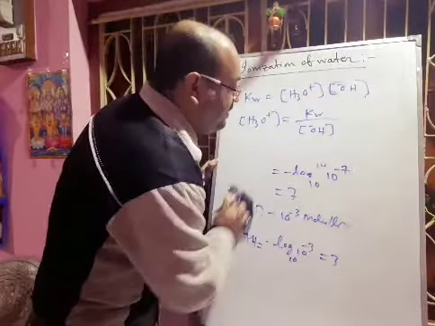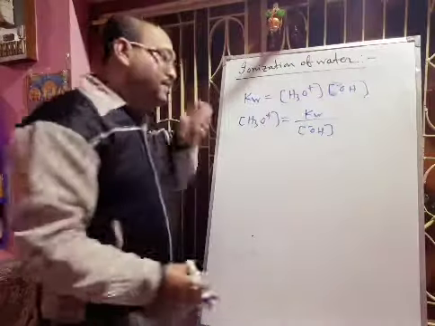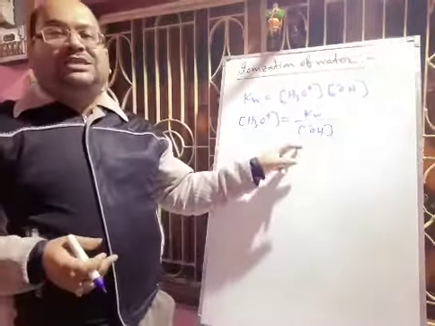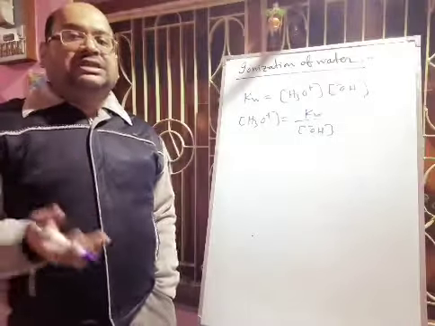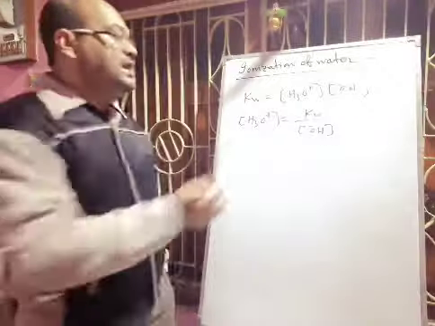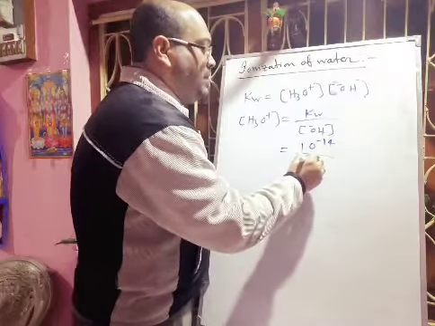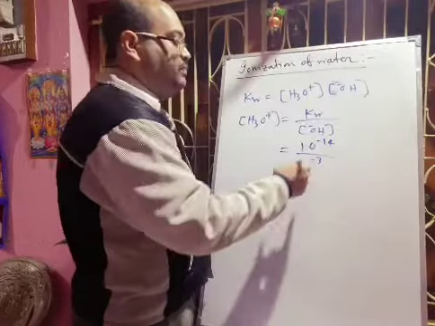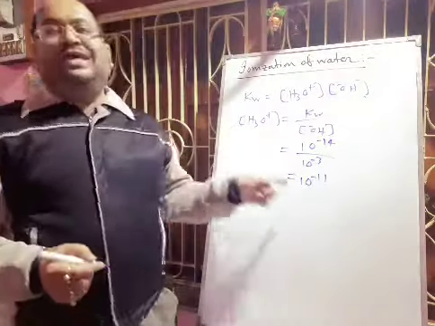The concentration of OH minus is 10 to the power minus 3 molar, NaOH solution. Here Kw we know is 10 to the power minus 14, and dividing by 10 to the power minus 3, it is coming 10 to the power minus 11. This is the concentration of H3O plus.